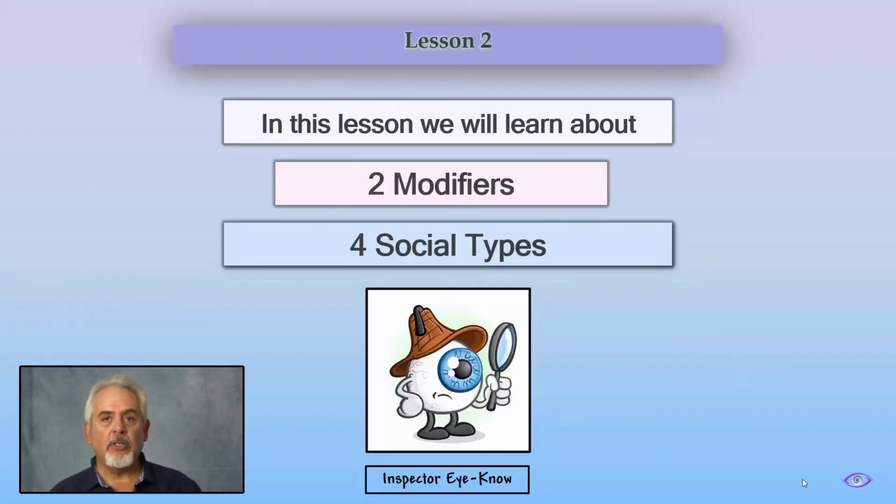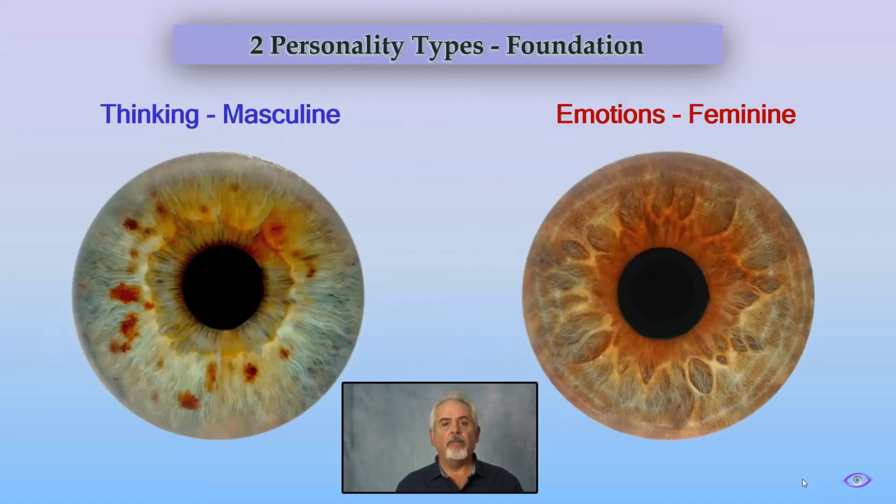All right. In this lesson, let's do the 4 social types, and we're first going to start with the 2 modifiers. Come on, Inspector, let's go. Okay. The foundation of this work is that everything always revolves around thinking or emotion. If you ever get stuck, the most important thing I have to get straight in my head when I'm doing this work is: is this some kind of a thinking type person, or is this some kind of an emotionally based person?